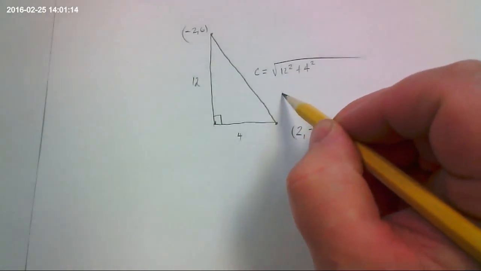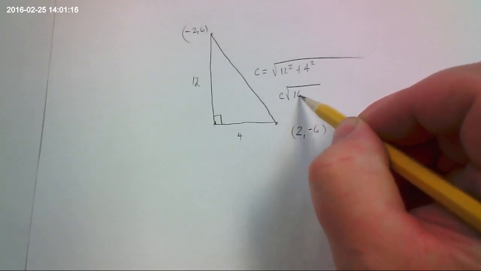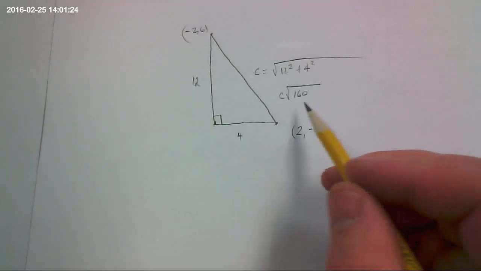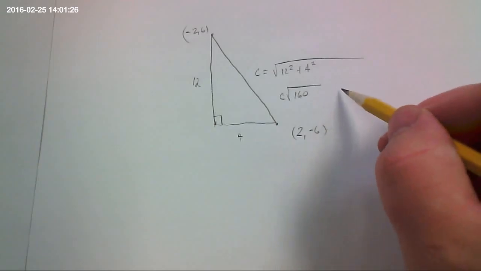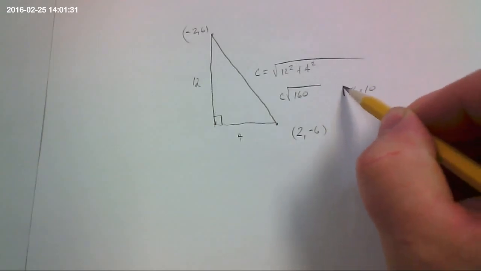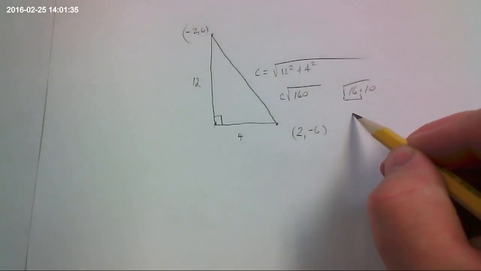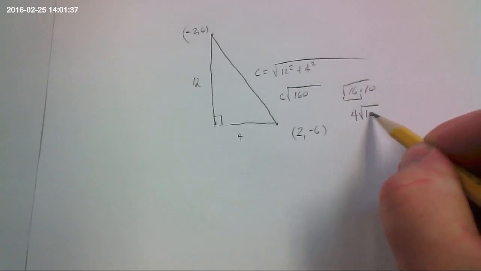If you do the math, 144 plus 16 is 160. Then you have to simplify, right? Would you agree that 16 times 10 is 160? And the square root of 16, isn't that 4? So there's your answer.